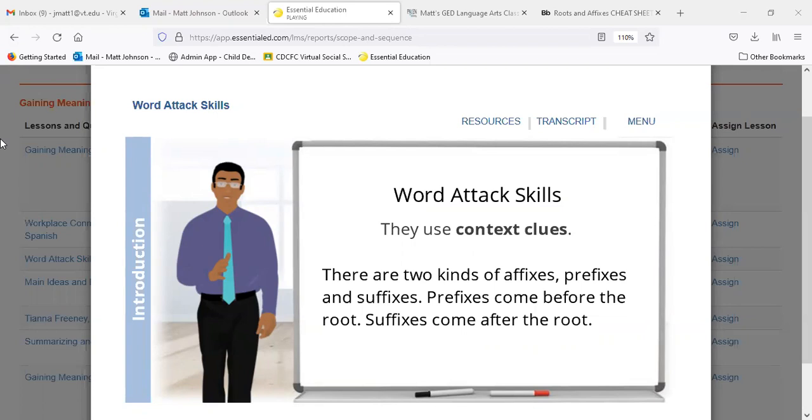Now, let's say you didn't know the word affixes. Based on the other nearby words, you can infer the meaning of affixes. Prefixes and suffixes are both different kinds of affixes. The other nearby words give you enough context to guess what the unfamiliar word might mean. We've got a lot of stuff to cover. You ready to get started?